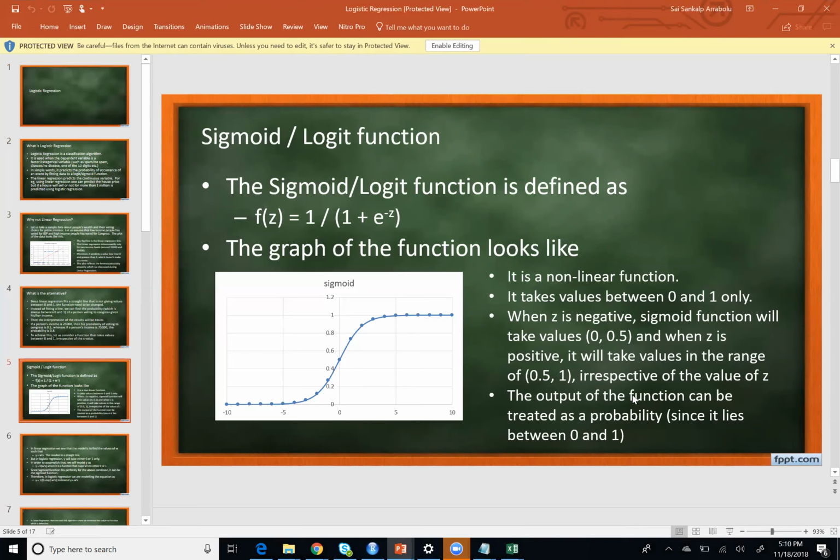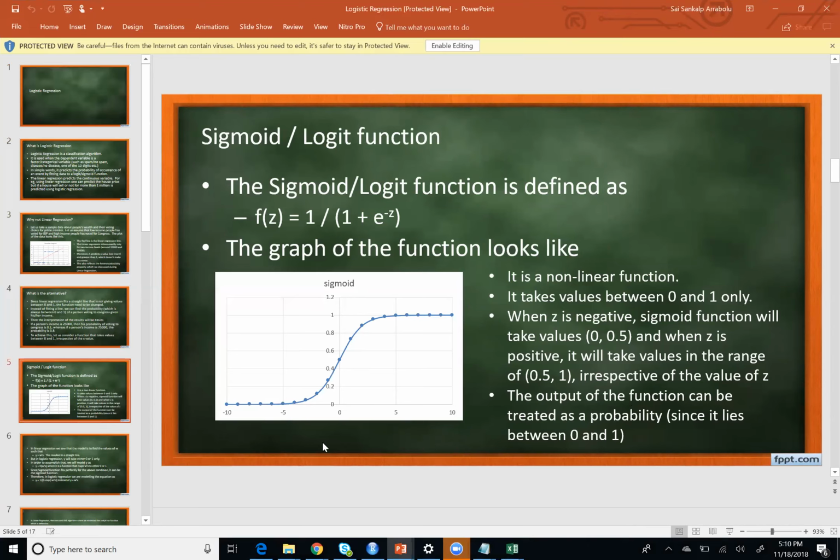Whenever X is really big, it is always going to be 1, and it's always going to be 0 whenever X is less than this. In the middle portion, we need a threshold. If it is above the threshold, we truncate it to 1, and if it is below, we truncate it to 0. So logistic regression can be used to answer classification problems: yes or no, has disease or does not have disease, win or loss, and things like that.